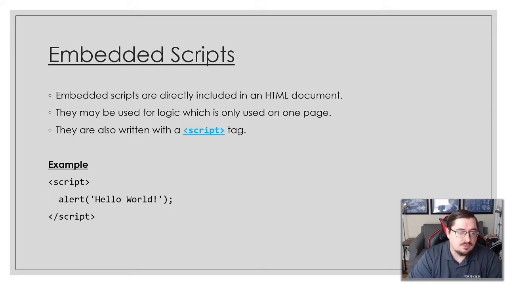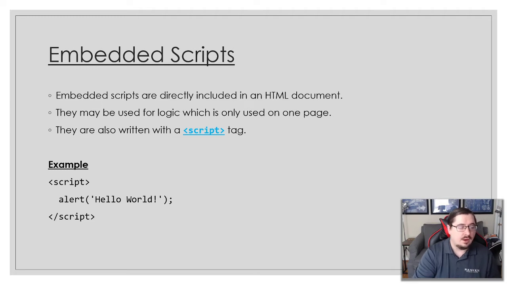If I want to embed JavaScript directly into the page, and I might want to do this if I've got logic that's only used for that page and not used on any other pages, then I also use a script tag to do that.